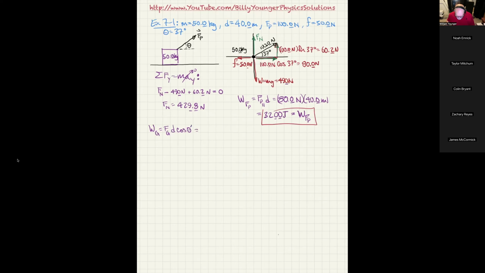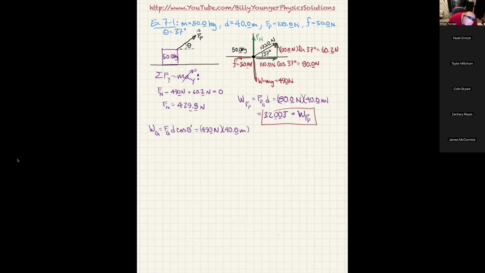It's just a new theta that's the angle between the force of gravity and the displacement vector d. So the force due to gravity is the weight, so that's going to be 490 newtons. The displacement is going to be 40.0 meters.